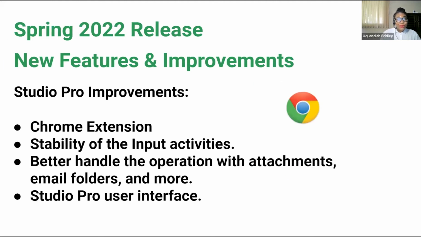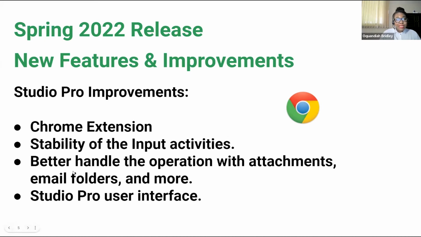For our Studio Pro improvements, we have improved the Chrome extension. Here we have put in more stability and reliability when it comes to selections and browser picking. We've also added the ability of the input activities being more stable. This is your general handling, such as your GUI automations and the stability inside of the web automation, and also some of your Citrix and RDP functionalities.